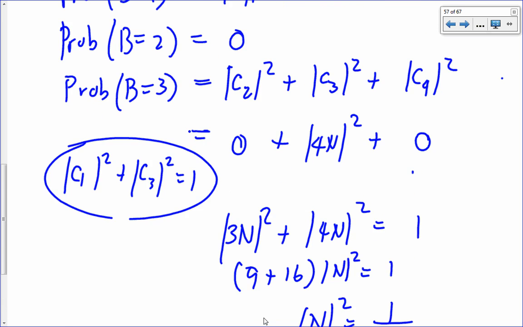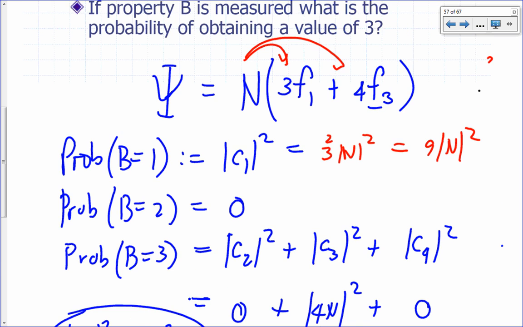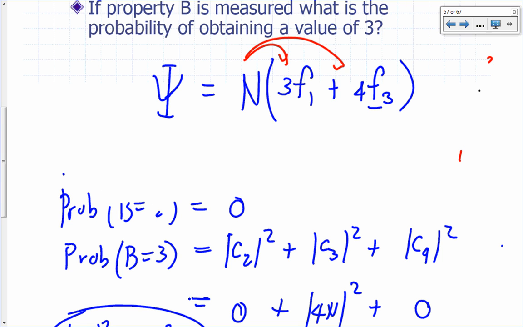So the normalized function here is what? What's another way of writing this normalized psi? It can be 3 over 5 f1 plus 4 over 5 f3. Okay? But that's not really necessarily the truth because we only know the absolute value of n. So this is just n.